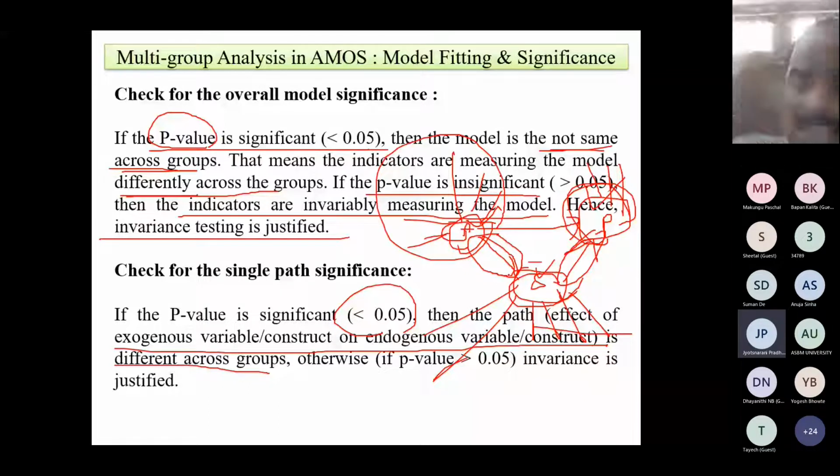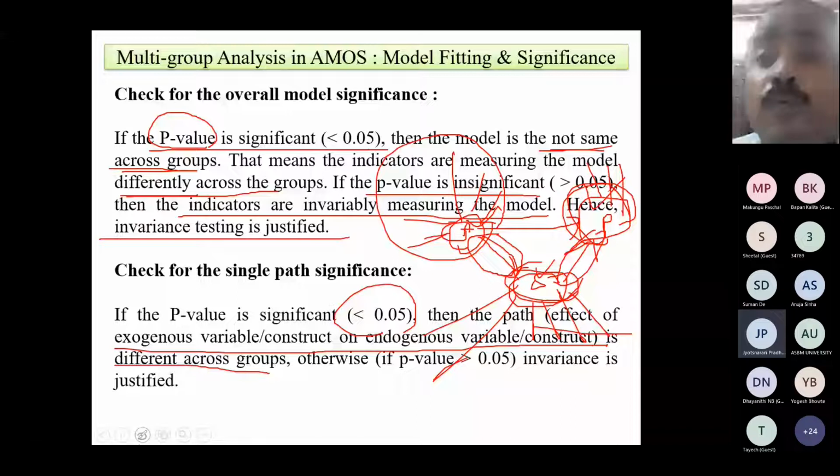These are the things we have already discussed in the initial 1-2 sessions. That is the reason we say the exogenous variables influence the endogenous variable in the same magnitude over male and female. Or we can say the effect of exogenous variables on the endogenous variable does not differ significantly over male and female.